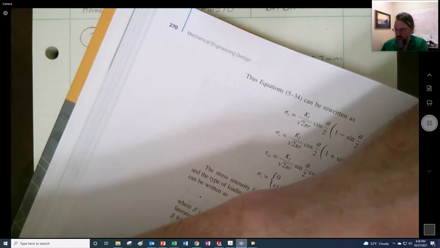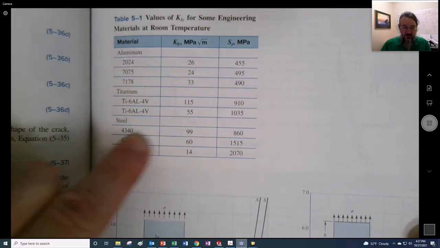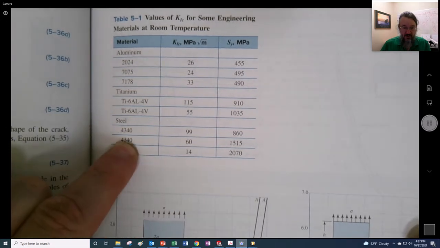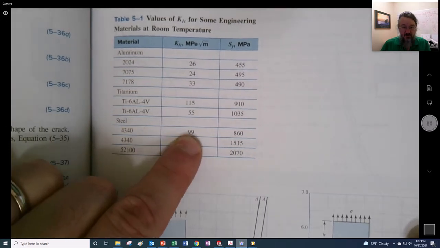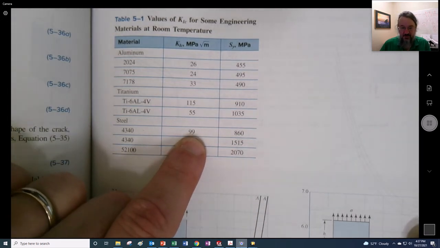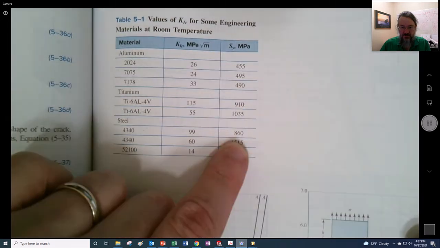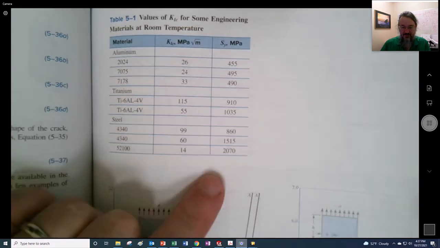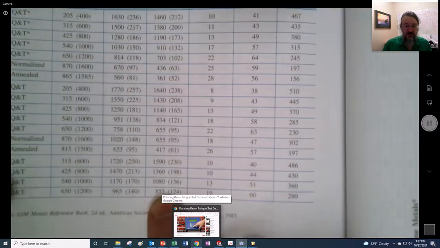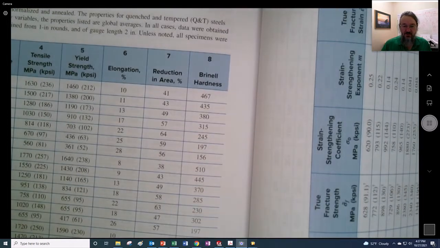And take a look at the materials. You'll see that we have two of these 4340s, and they give us the fracture toughness, or critical stress intensity factor, either way you want to think of it. But there are two different ones. The yield strength here is 860, and here it is 855, so this must be the one.